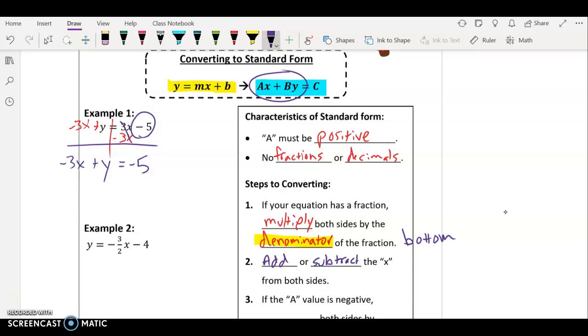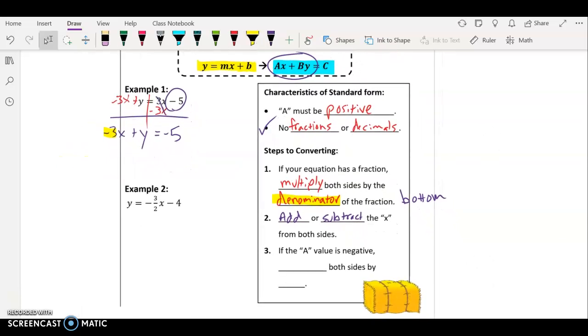When we look at our characteristics, we don't have any fractions. Yay! But our a value is not positive. You can see it right here. It's a negative 3. So that's where our last step comes into play. The last step says if a is negative, we are going to multiply both sides by negative 1.